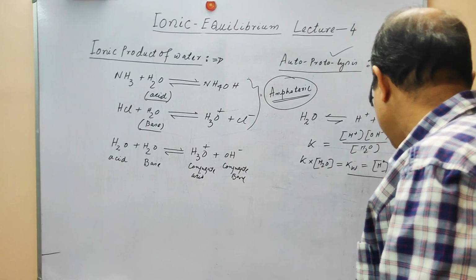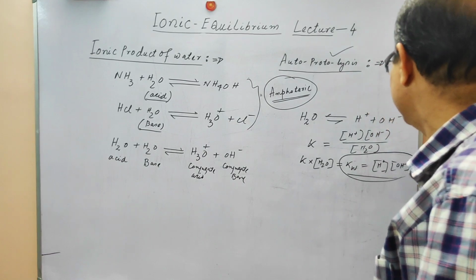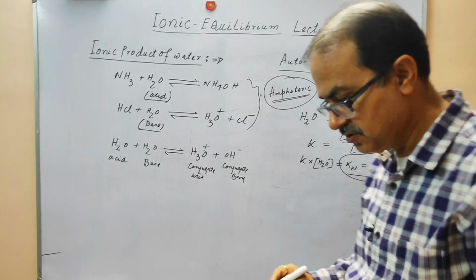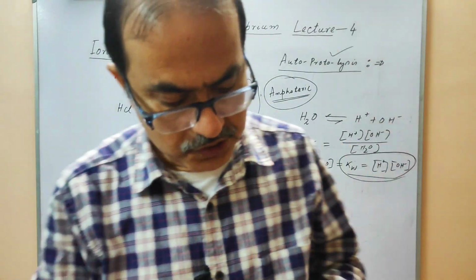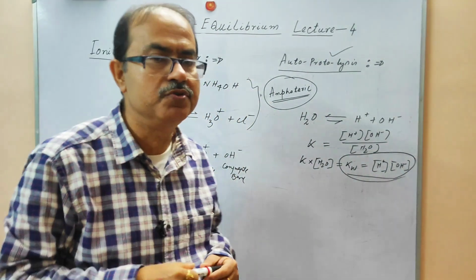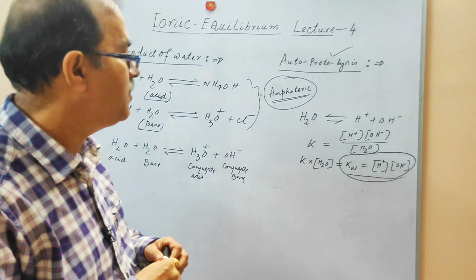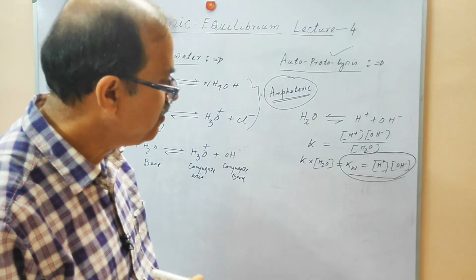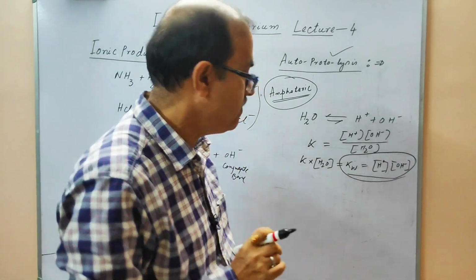This is called the ionic product that we are now discussing. So the ionic product is basically the product of the molar concentration of hydrogen ion and the molar concentration of OH minus ion. And this ionic product, Kw, depends on the temperature.